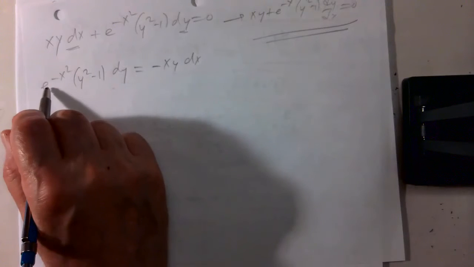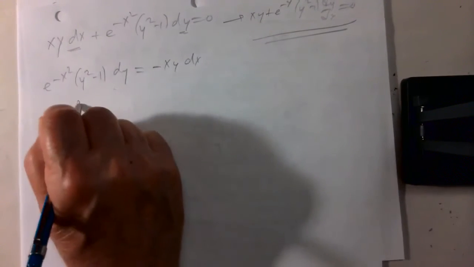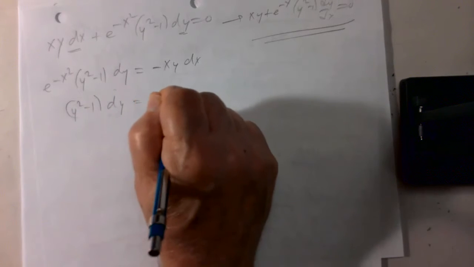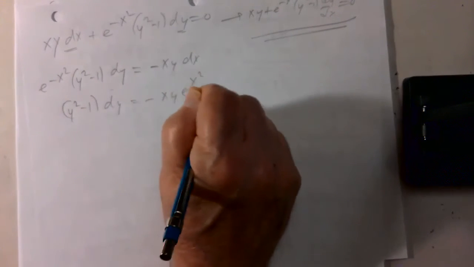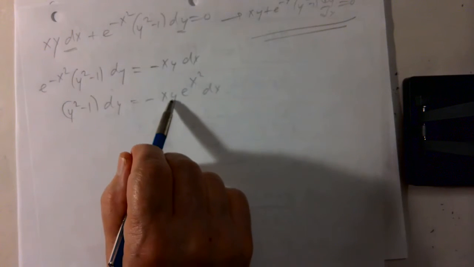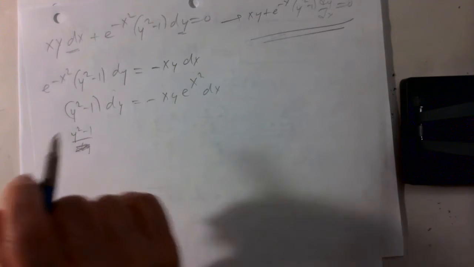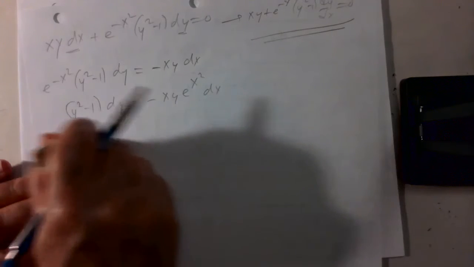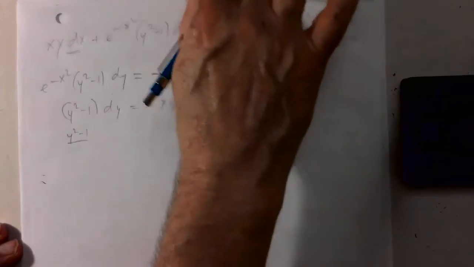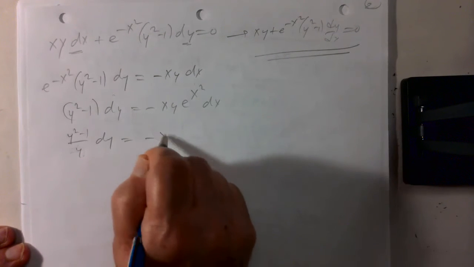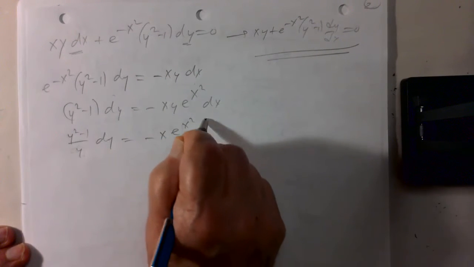So if I multiply through by e to the x squared, I get y squared minus 1 dy is minus xy e to the plus x squared dx. And to get rid of this y, I divide by y, so y squared minus 1 over y dy is minus x e to the x squared dx.